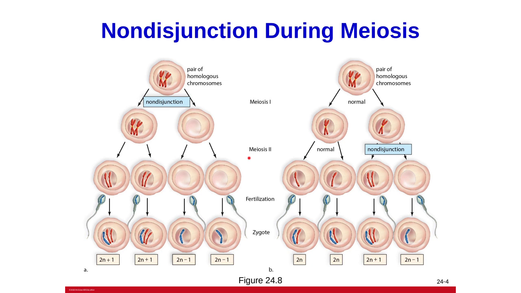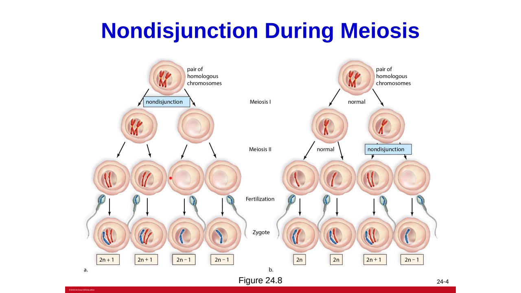Now we go to meiosis 2. So this cell divides, and this one divides. We can see that we essentially have too many chromosomes over here. The DNA has separated, but you still have too much DNA here.